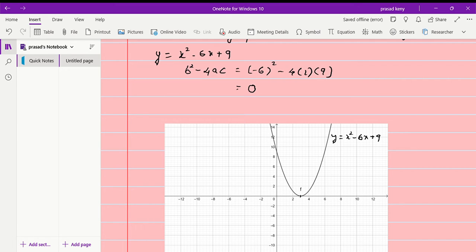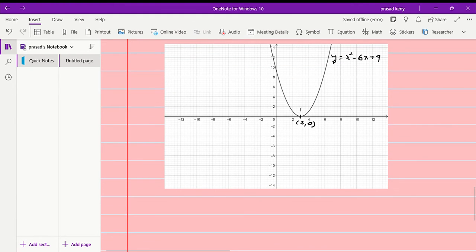So because the discriminant is 0, the graph is just touching the x-axis in a single point, and because a is positive, it is opening upwards. So here the vertex is itself on the x-axis. It is the root, x is equal to 3. That means the vertex in this case is (3, 0), and that itself gives the root. And the x-axis is tangent to the graph. Okay, so let us come to the next case here.